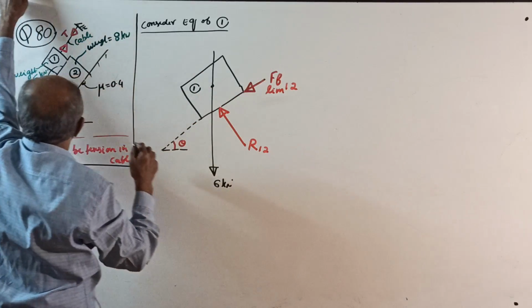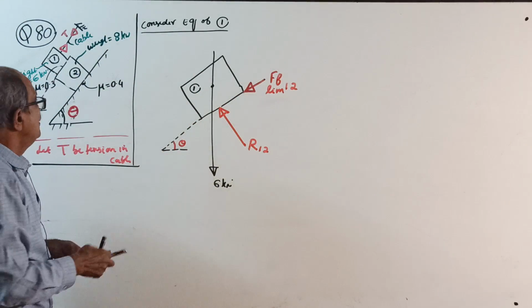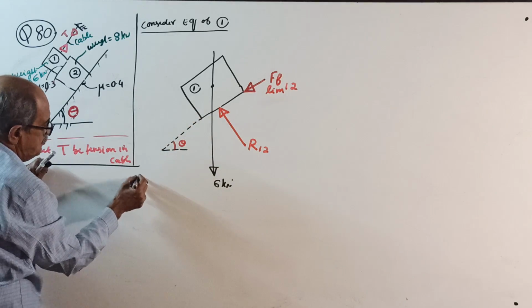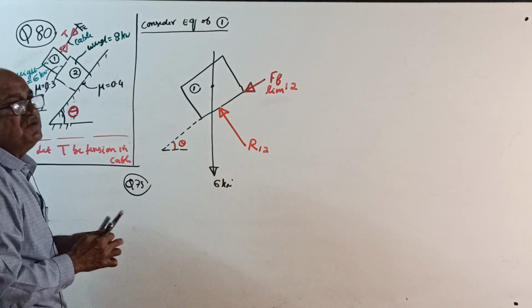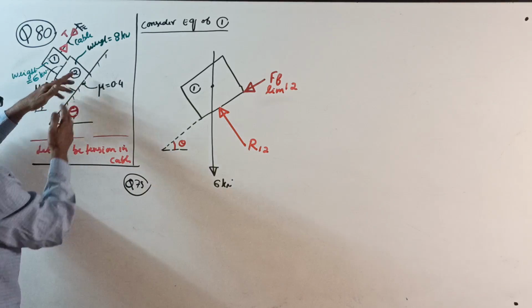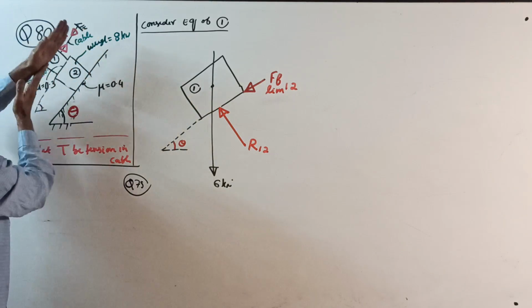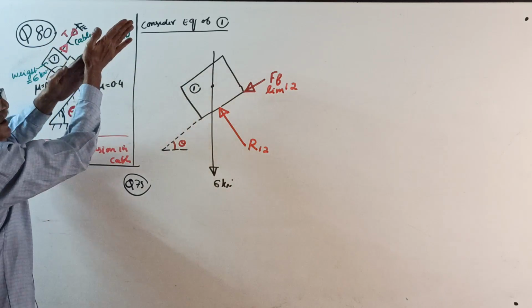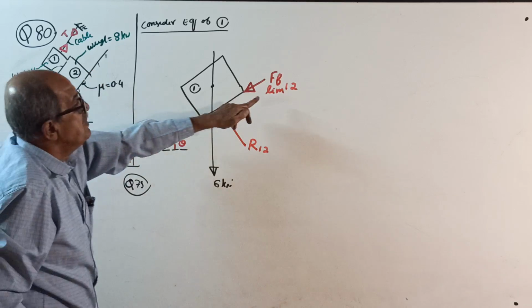Why this way? Again I am wasting time. Question number 75 will make everything clear. Lastly, I will tell you, this is the real last time. This block is sliding down. When it slides down, this surface will rub this way. That is the rubbing friction.